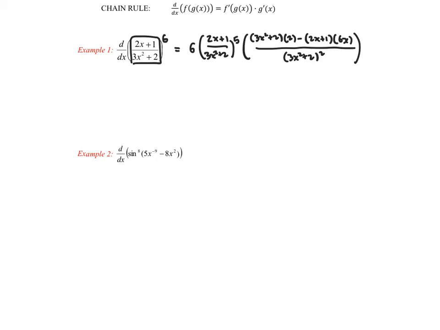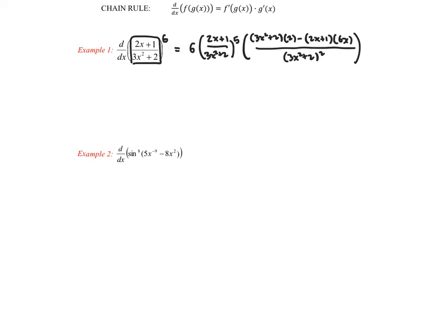Okay, so let's look at example 2. All right, so we're going to have multiple chain rules here, and let me explain why. The outermost function is something, right? Sine of 5x to the negative 9th minus 8x squared to the 8th power.